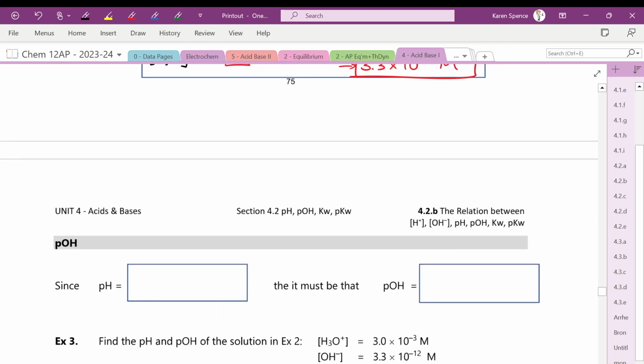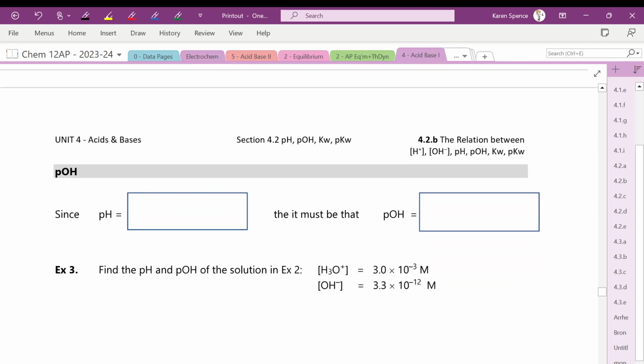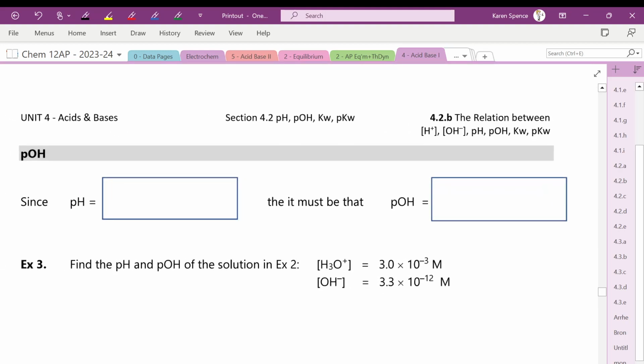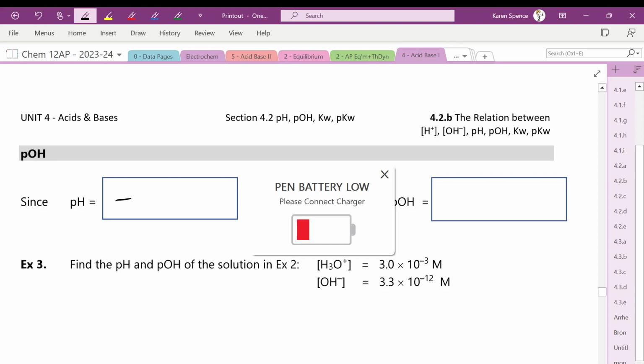Now, since pH is equal to the, what is the formula for pH? Everyone write it down. What's the formula for pH? Start with a negative.